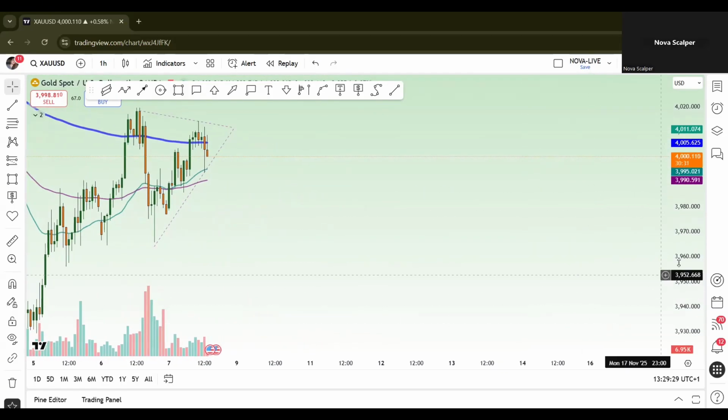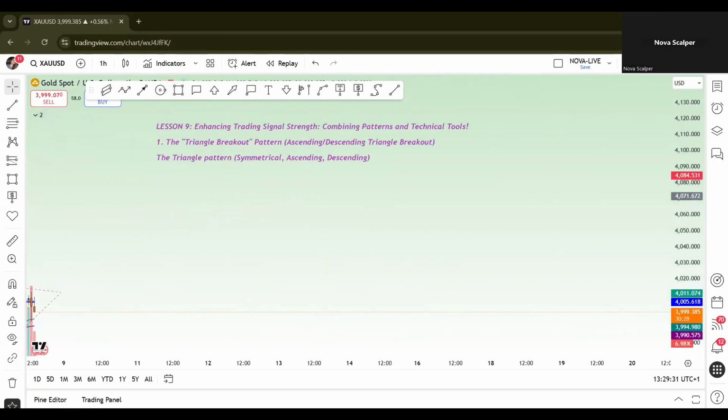Okay, so let's move to the next one. Combine with the pullback to support or resistance level.